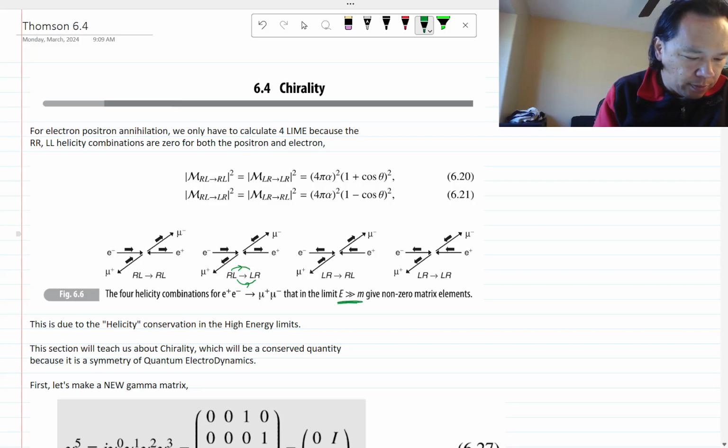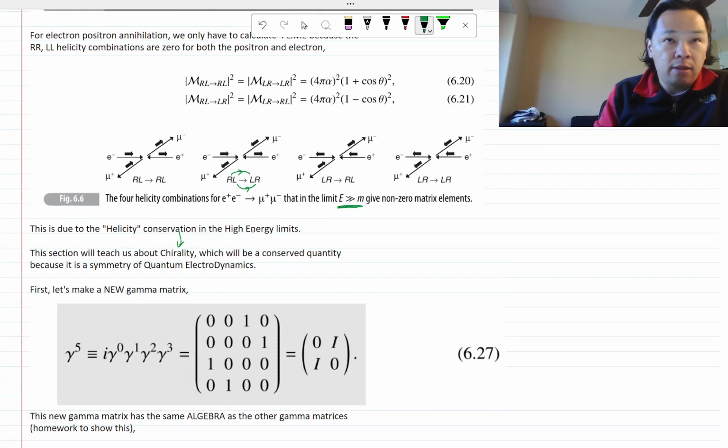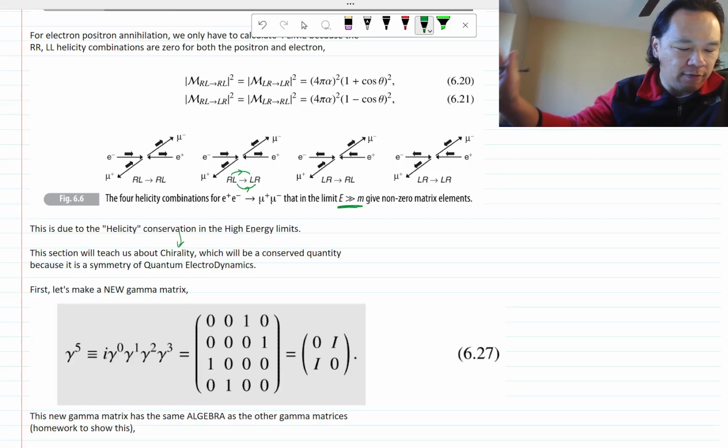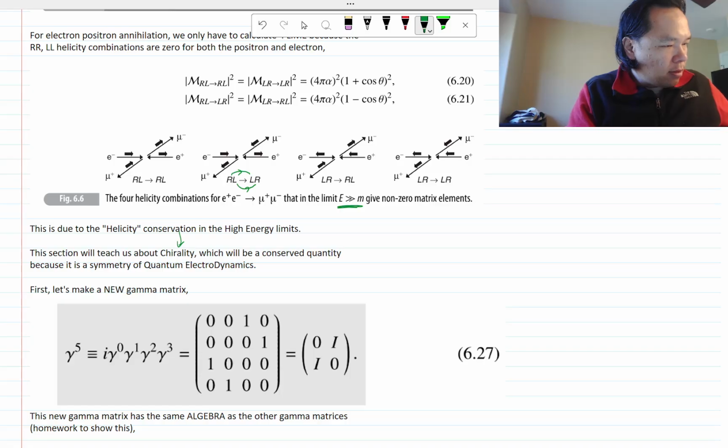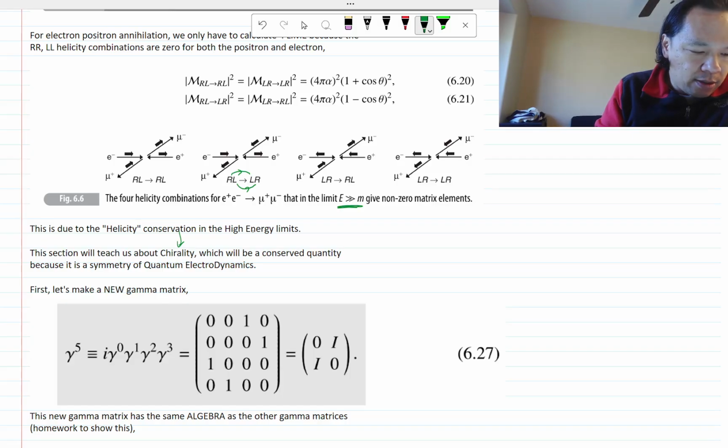Okay, so in this section, we're going to talk about chirality. It's much less intuitive. Historically, I think people used helicity first, and then figured out whether there's something conserved in all these electromagnetic interactions, so that we can have a calculation that works no matter what the energy of the incoming and outgoing particles are.